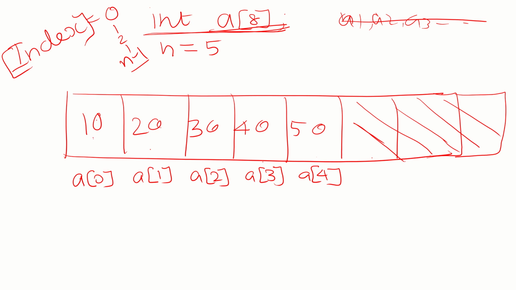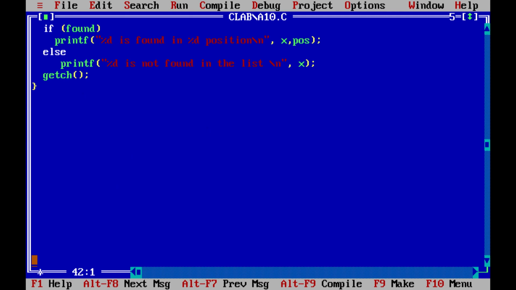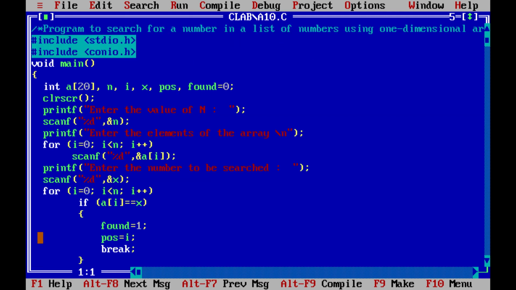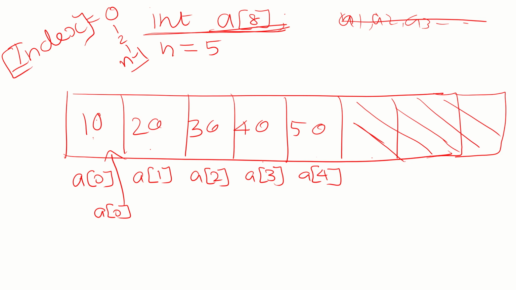So how to access this 10? A of 0. A of 0 means it refers to the element 10, which is in the first position.